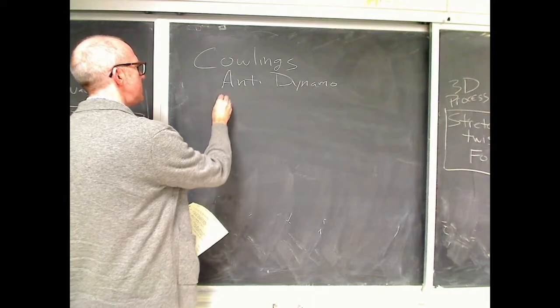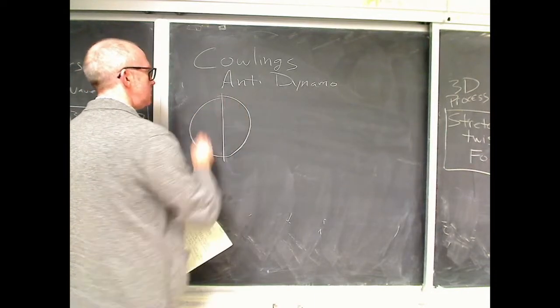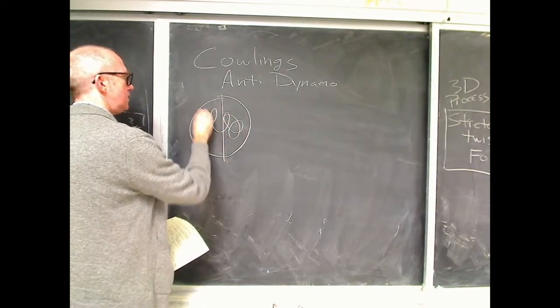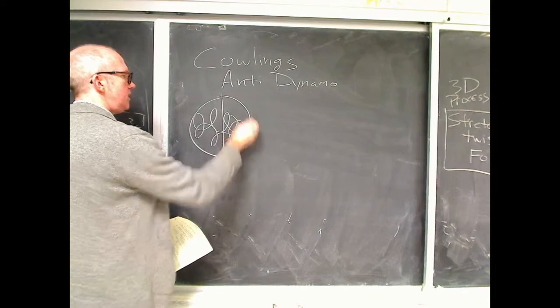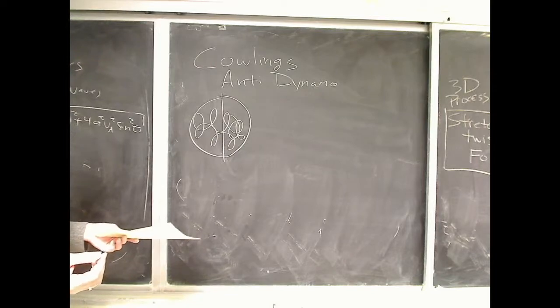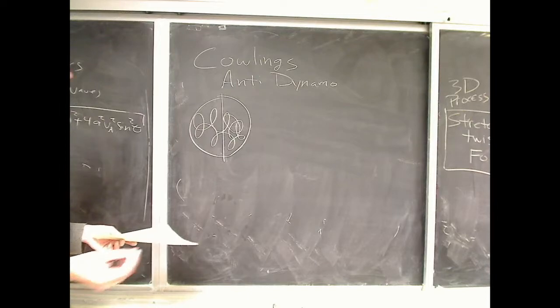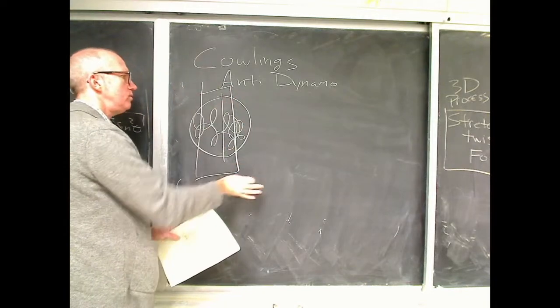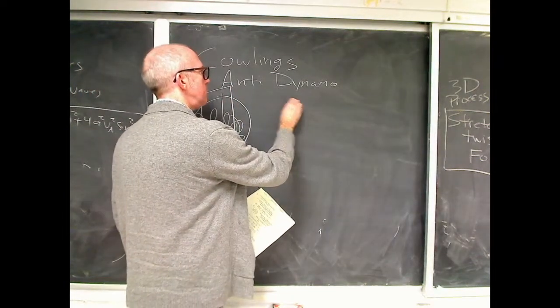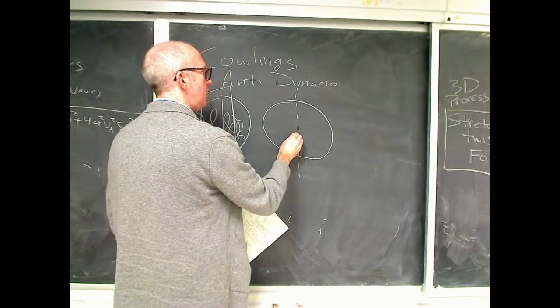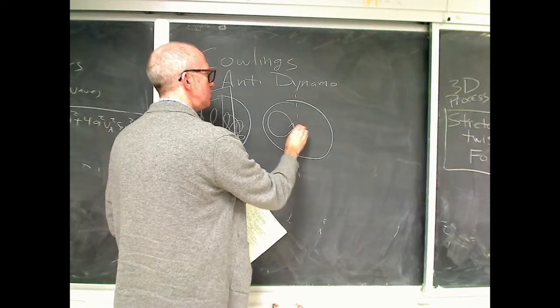So if I've got some round object and some magnetic field that's wrapping through my structure, and I take a plane and cut through my object, here's my axis of rotation. I'm going to have magnetic structures that look basically like this.